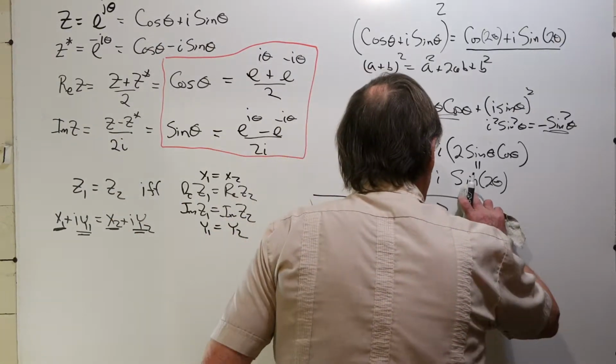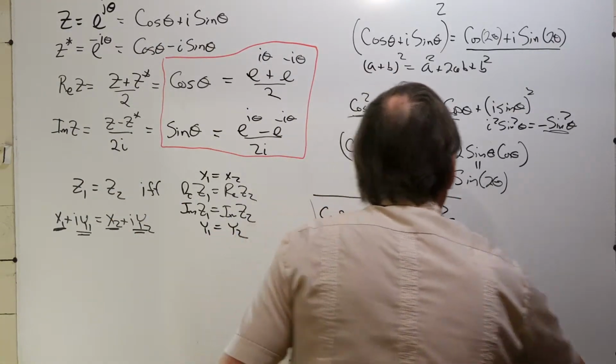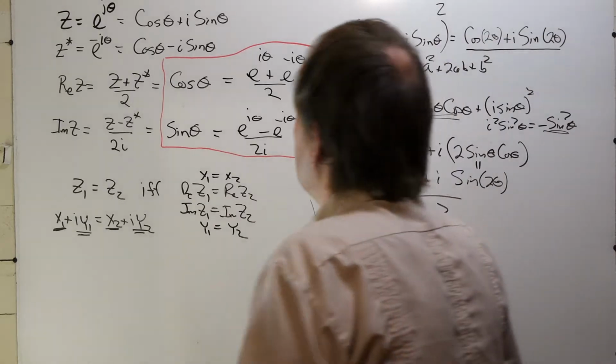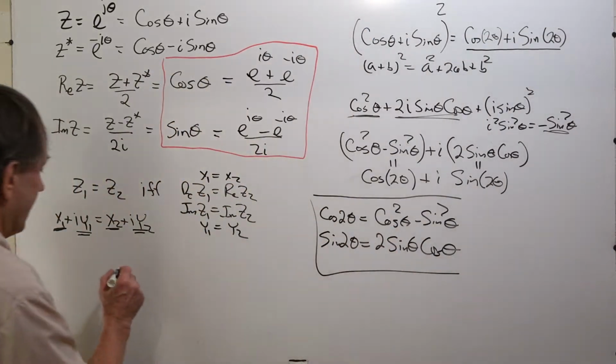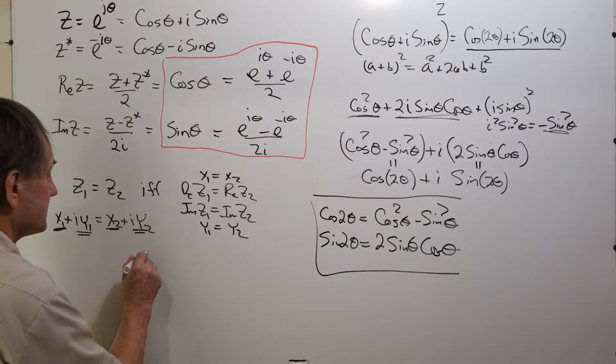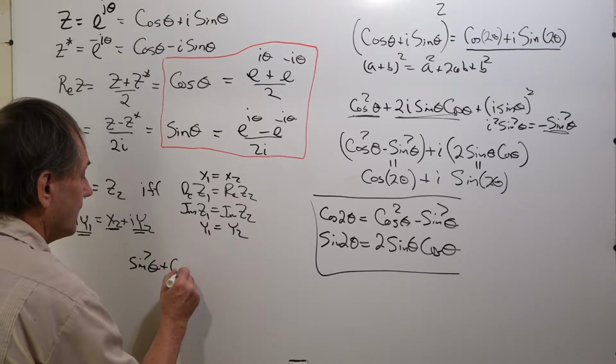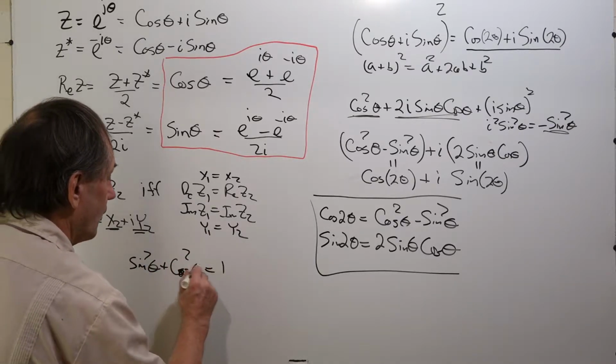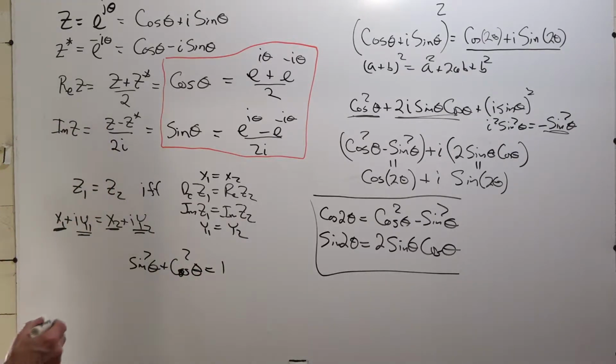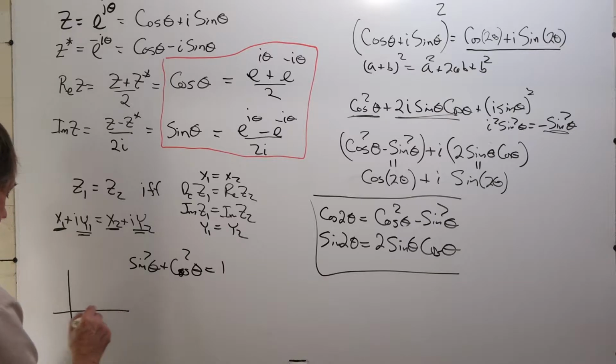Now, we can also manipulate this a little bit, because we know that sine squared theta plus cosine squared theta is equal to 1. We had that, remember, when we had a complex number that had unit magnitude.